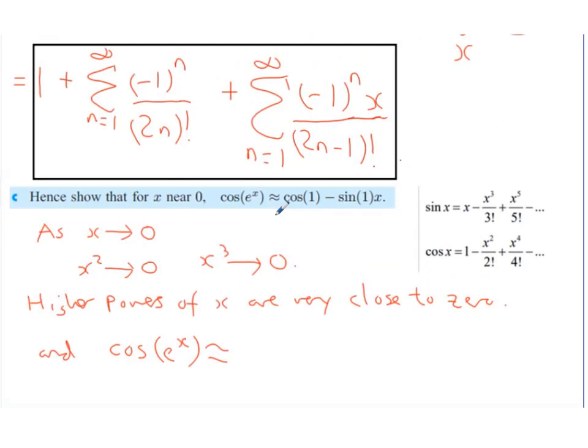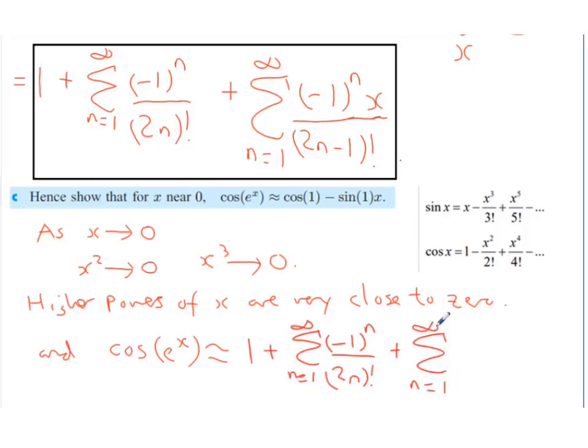which is the 1 plus the sum from n equals 1 to infinity of minus 1 to the n over 2n factorial, plus the x bit, the sum from n equals 1 to infinity of minus 1 to the n x over 2n minus 1 factorial.